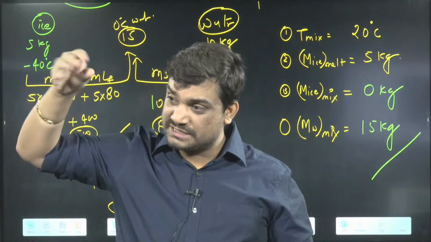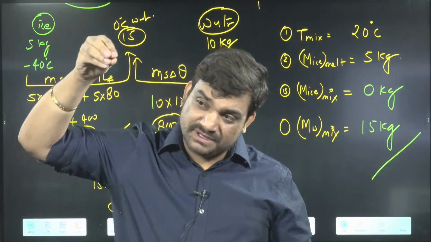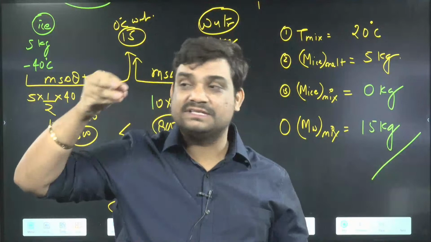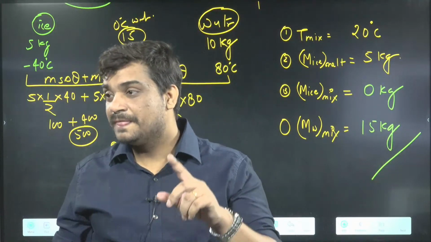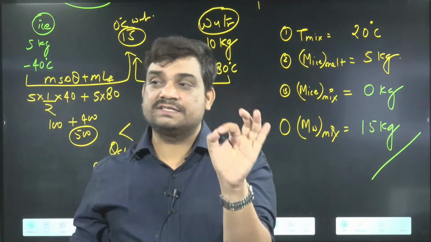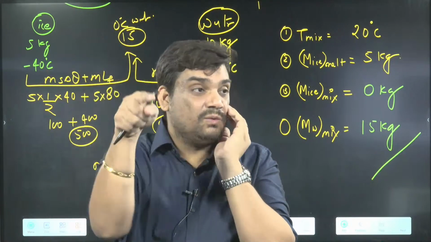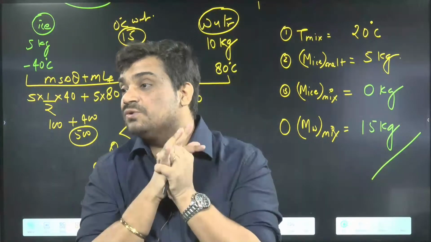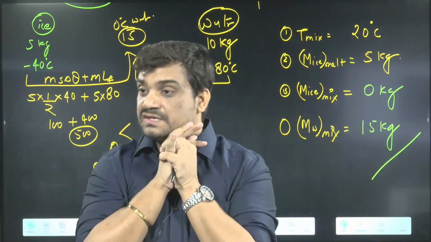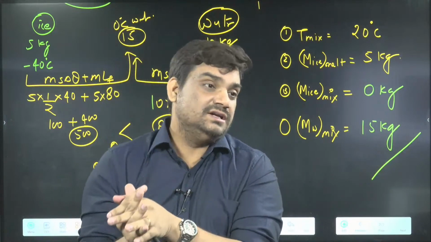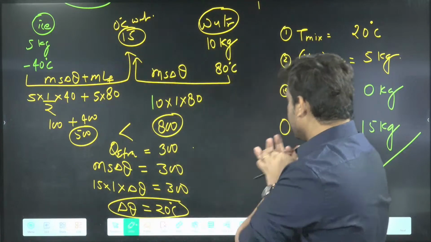If I say mixture contains water and steam, then it can be 100 degrees Celsius. So you can say water and steam can coexist at the 100 degrees Celsius, and ice and water coexist at the 0 degrees Celsius. So we'll write here, next question.